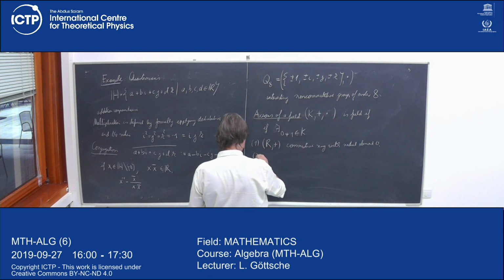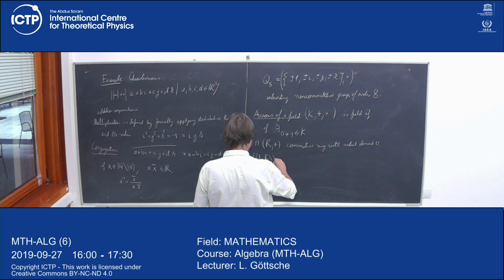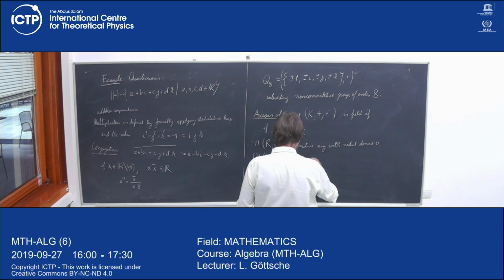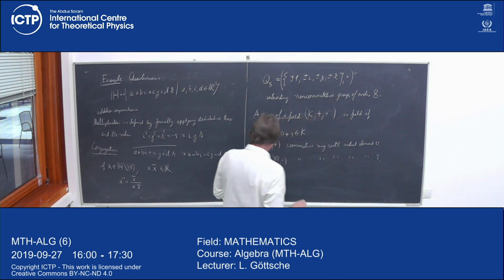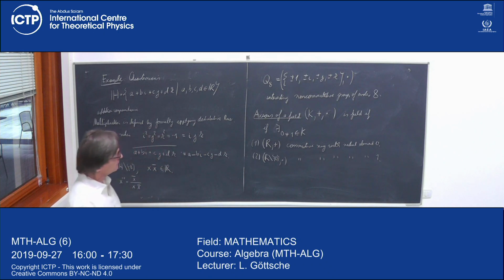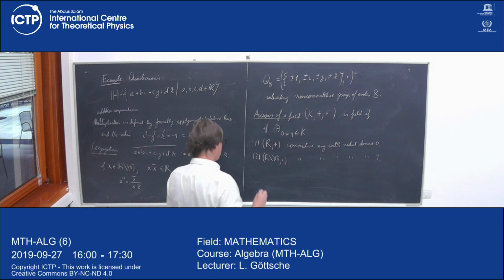If I take K without 0 and take the multiplication, this is also a commutative group with neutral element 1, and we have the compatibility, which is given by the distributive law.